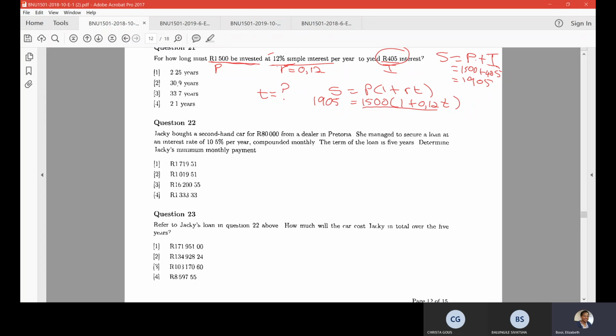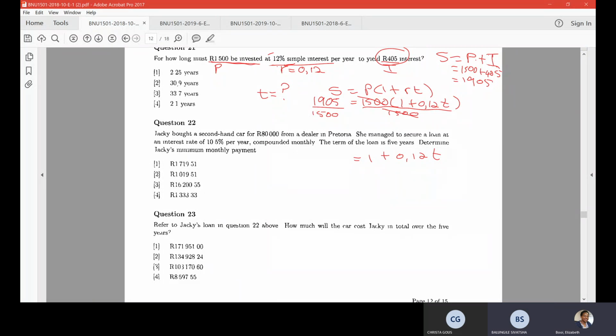So it means we're going to divide this side by 1,500. We also divide this side by 1,500. This side, 1,500 cancels out, and we are left with 1 plus 0.12t.